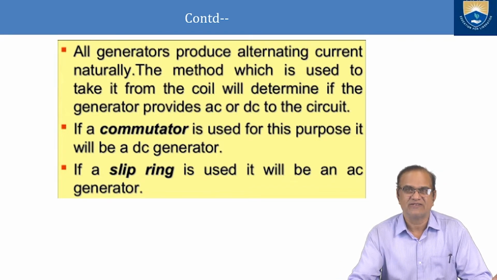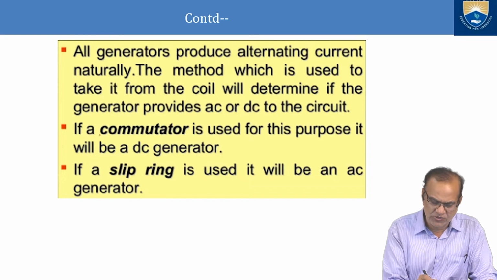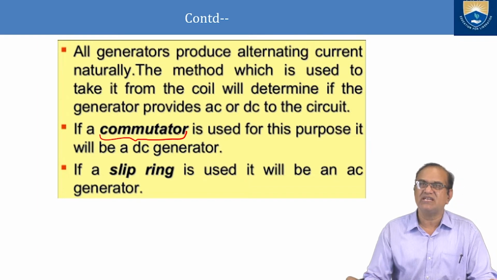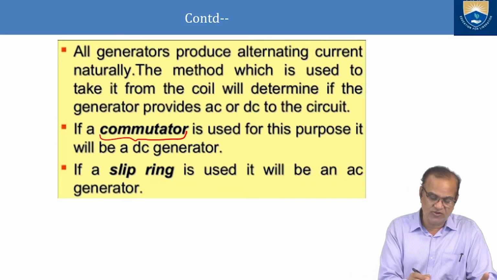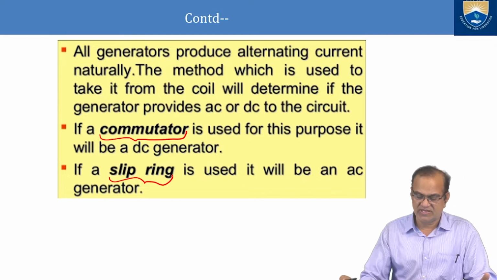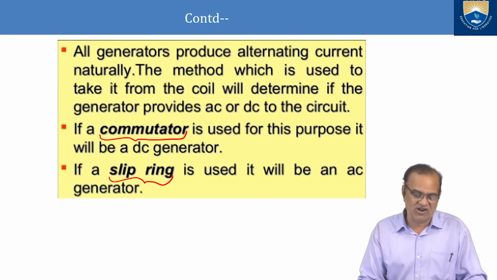If a commutator is used for this purpose, it will be a DC generator. So if we are using a commutator, that will generate DC. And if we use slip rings, then it is called an AC generator.